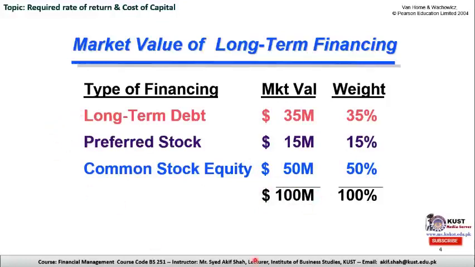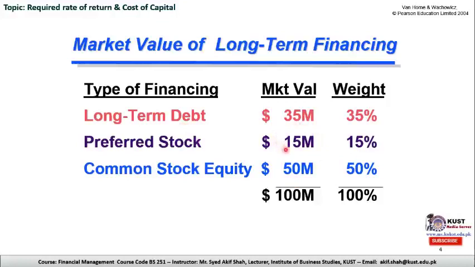Now, how do we calculate what portion or weight the company is using for these different kinds of financial resources to generate funds? You can simply divide 35 million by the total amount of capital raised, and it will give us a 35% weightage of long-term debt in the capital structure of the company.